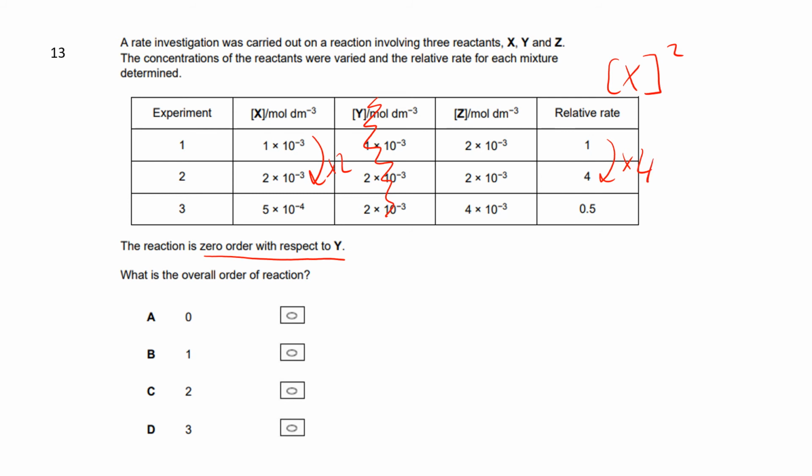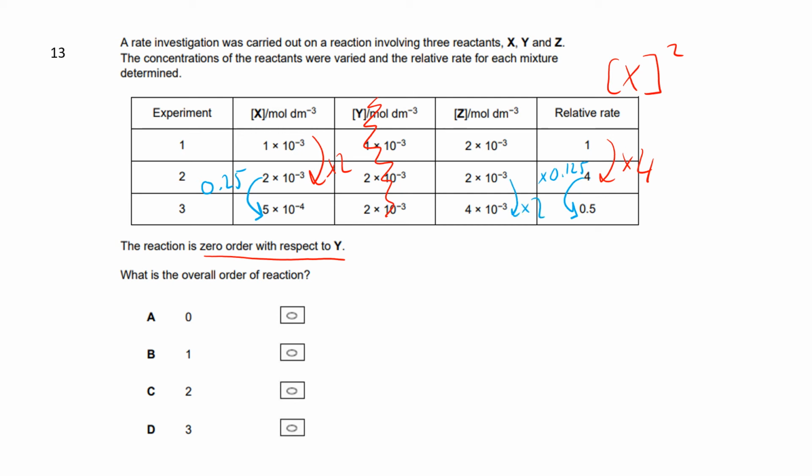Okay, now if we're looking at, I'm going to do this one here, so that has actually been times by 0.25, hasn't it? Okay, from here to here, that's been divided by 8, so in other words, times by 0.125. Okay, and this has been times by 2.